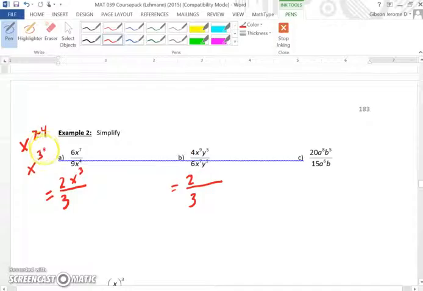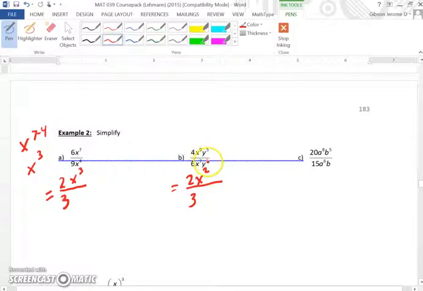Instead of going off to the side, if you notice, when you have the same variable in the numerator and denominator, if the exponent is larger in the numerator than the denominator, when you subtract, that variable would be in your numerator. So positive 9 is greater than 7, right? And we know 9 minus 7 would give us 2. So this would be x squared in our numerator.